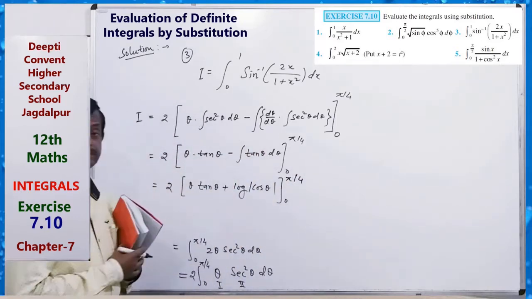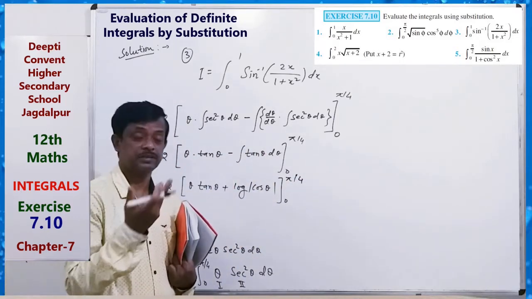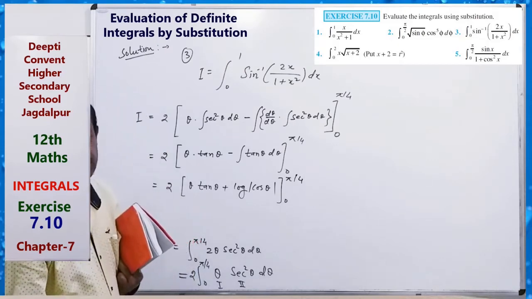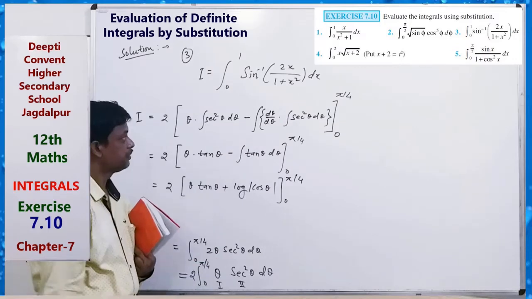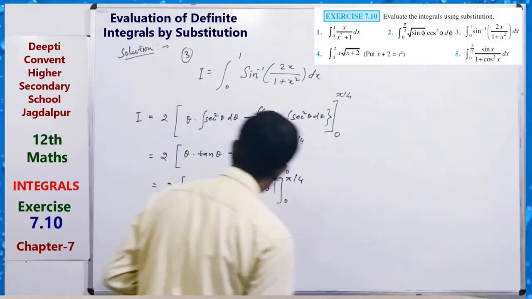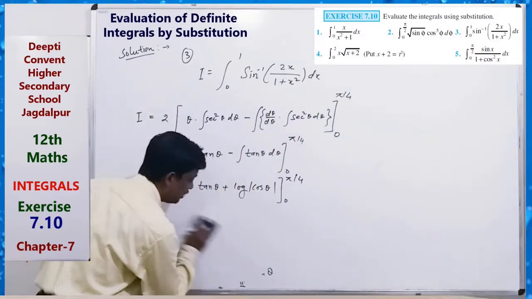Integration of tan theta is what? Sin by cos, then minus log cos theta, minus of minus, plus log cos theta. Okay, so now we have to apply only the limit.